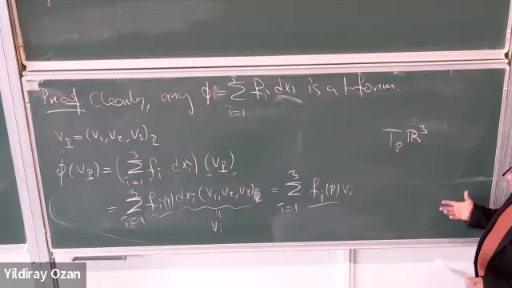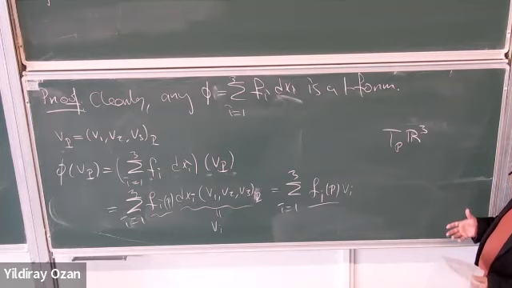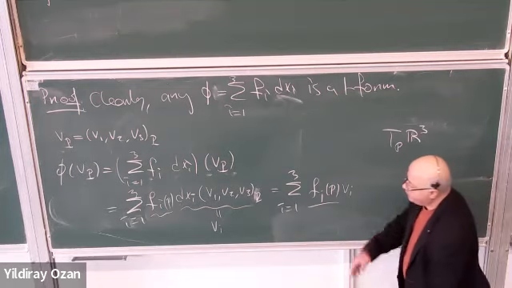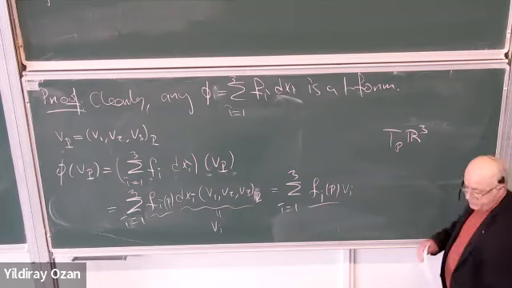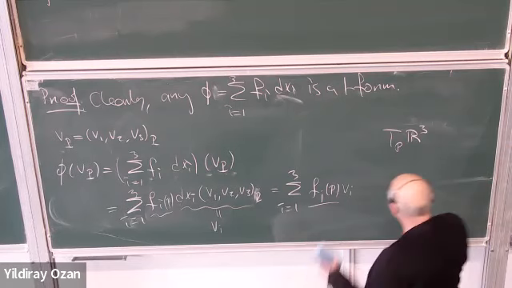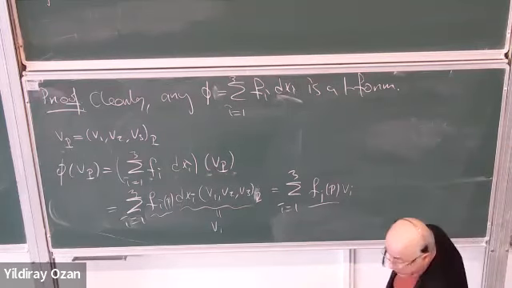Well, a linear combination of dual vectors is another dual vector. So I can write it this way.